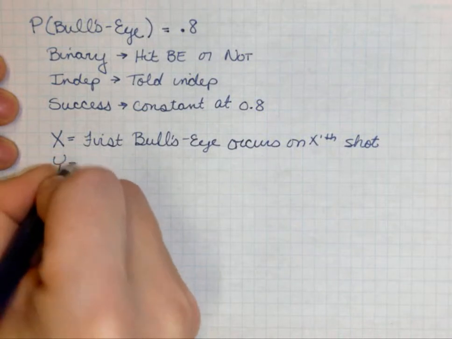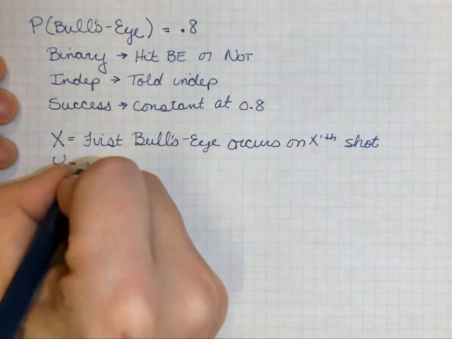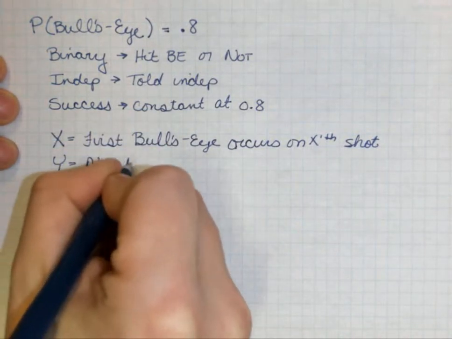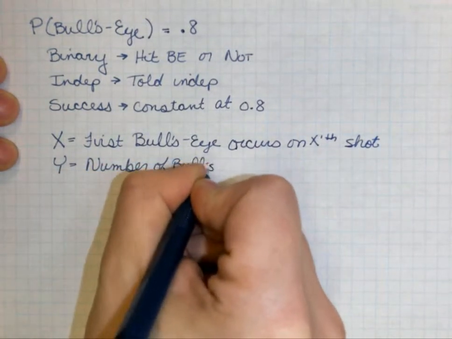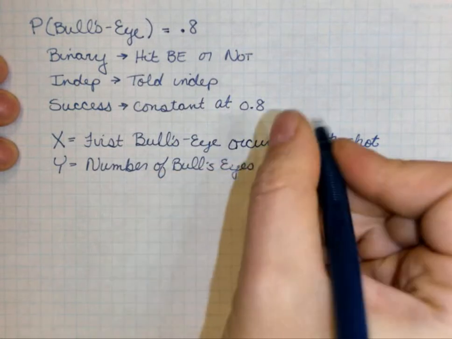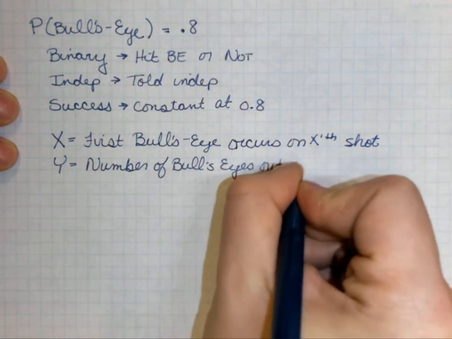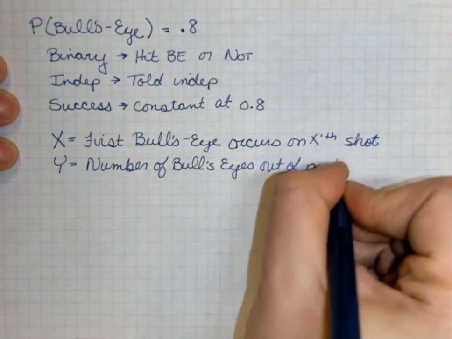And I'm going to say Y is the number of bullseyes out of N shots.